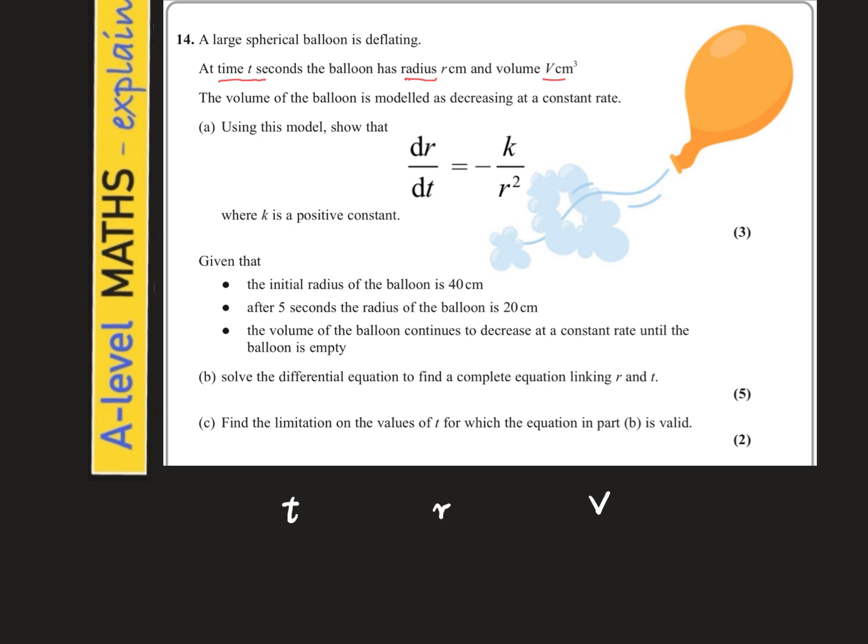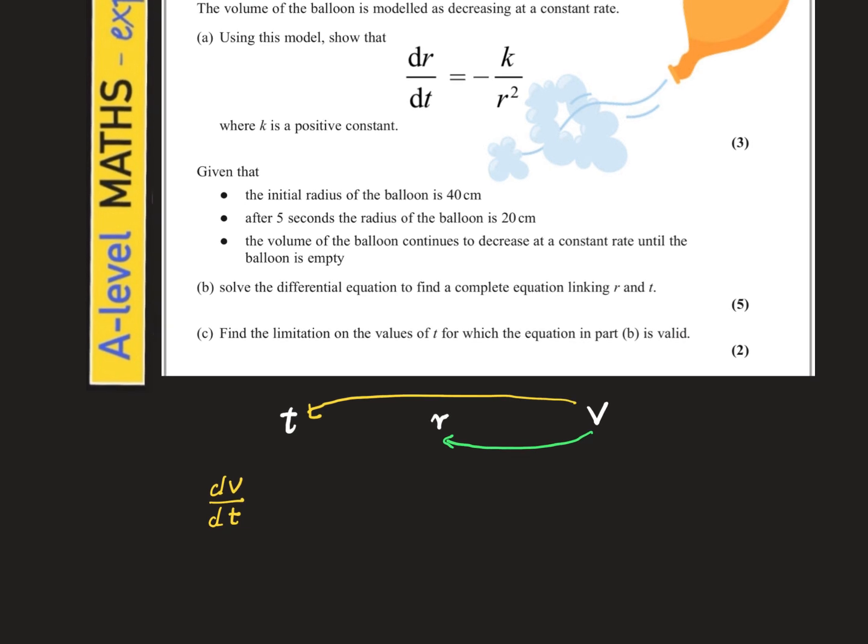Now v can be related to time, and we could say that there is a change in volume over the change in time. Also, v could be related to radius, where we could say that the change in volume is related to the change in radius.